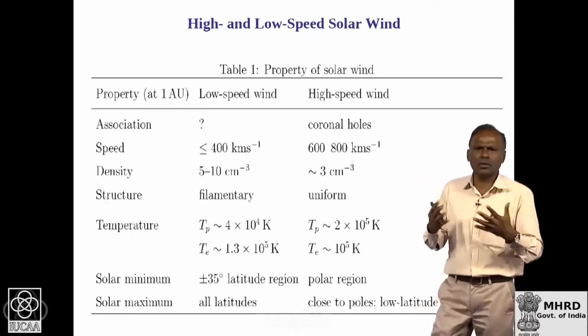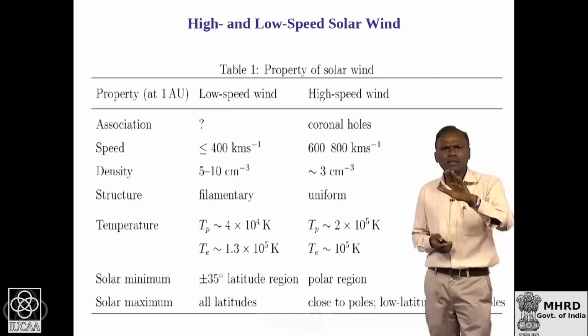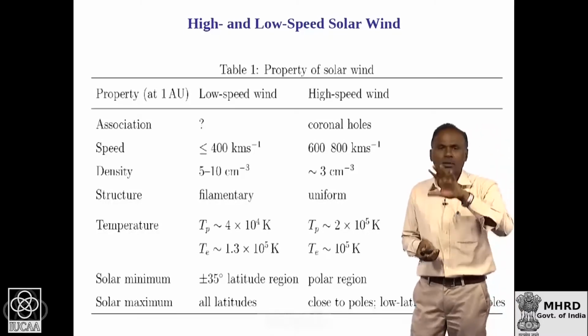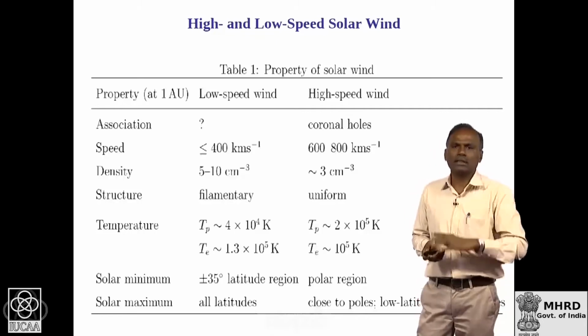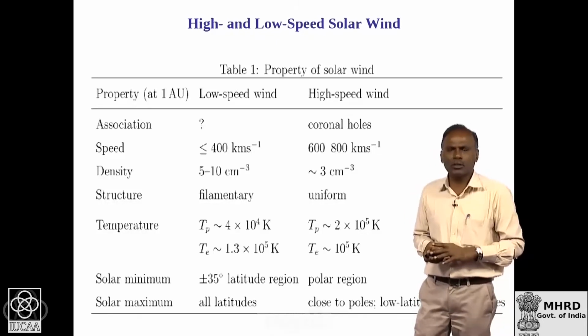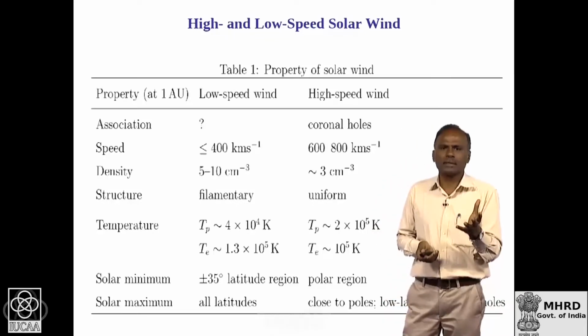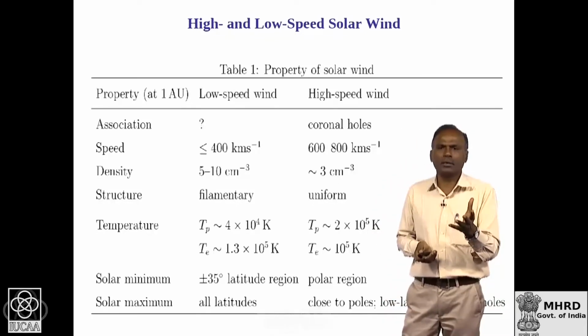So, the corona itself becomes spherically symmetric, whereas the high speed wind originates from coronal holes. The speed can be of the order of 600 to 800 kilometer per second, and the density is something like 3 particles per cc.